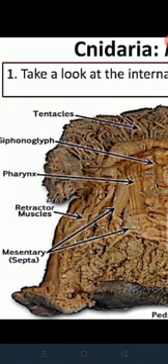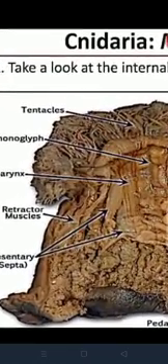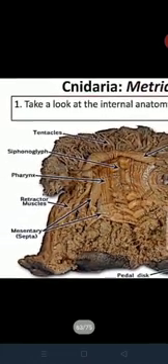What are mesenteries? Make a note, children. Mesenteries are sheet-like partitions that arise from the body wall into the gastrovascular cavity. Will you be able to notice? It arises from the body wall to the gastrovascular cavity.